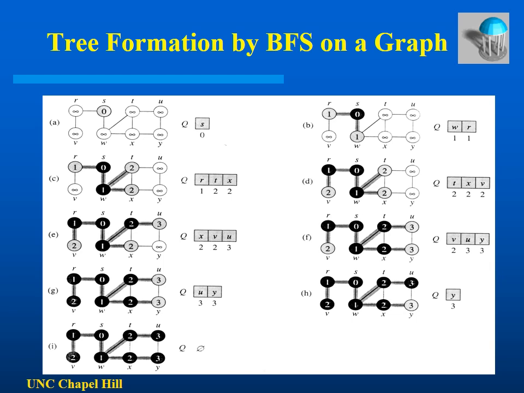Okay, so now our Q has R and T and X on it, and we take off the front item in the Q, namely R, leaving T and X. And when we look at R, we see that it's connected to S, but S is already complete. And it's connected to V, and V is not yet discovered.